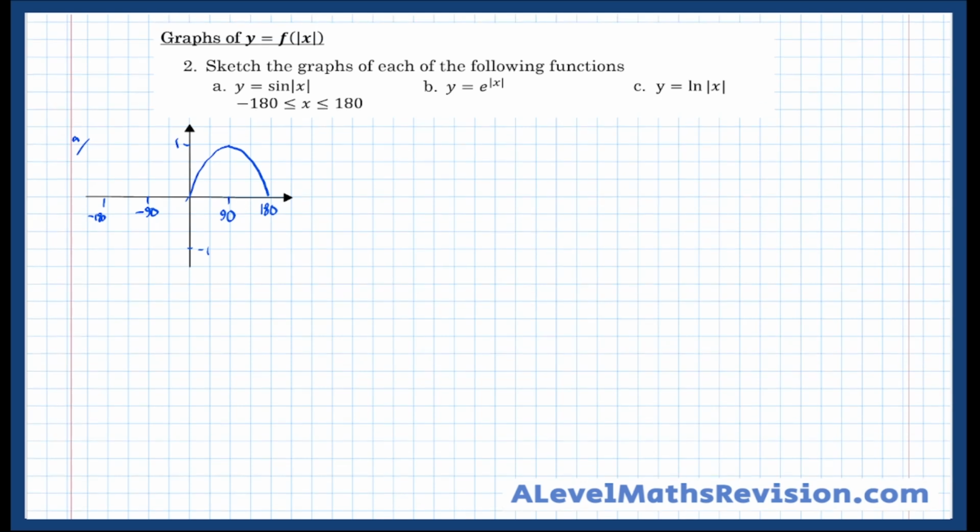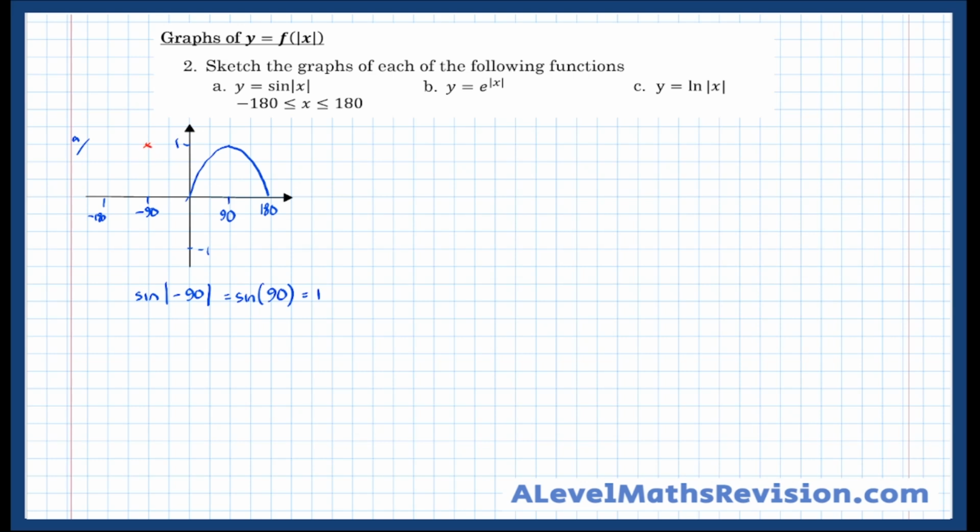So say we try to sub minus 90 in. We get sine of mod of minus 90. Well, the modulus of minus 90 is 90, so sine of 90, which is 1. So trying to sub minus 90 in, we get 1.